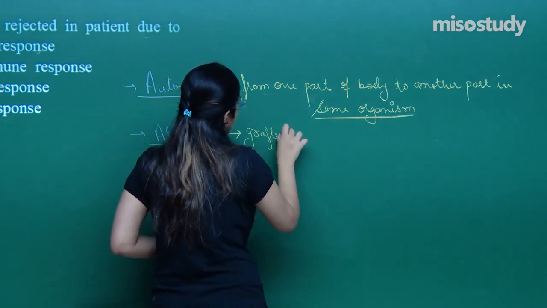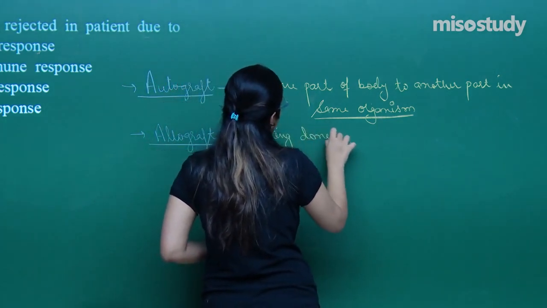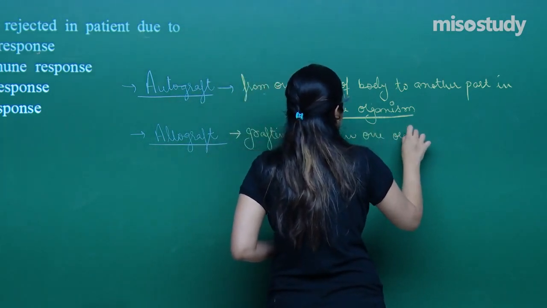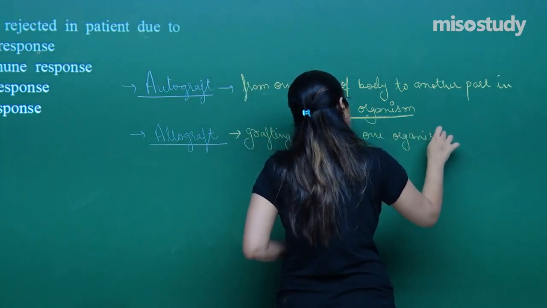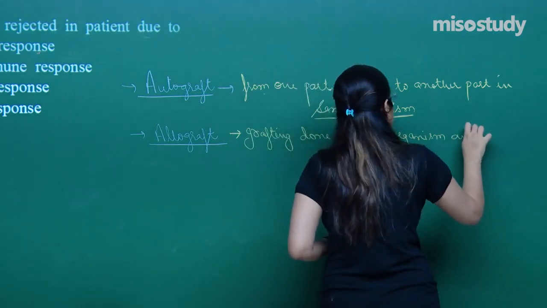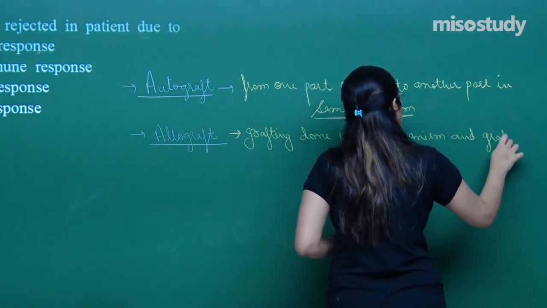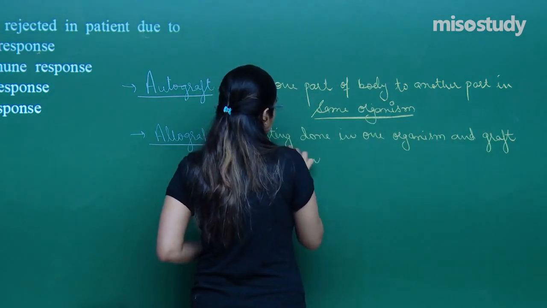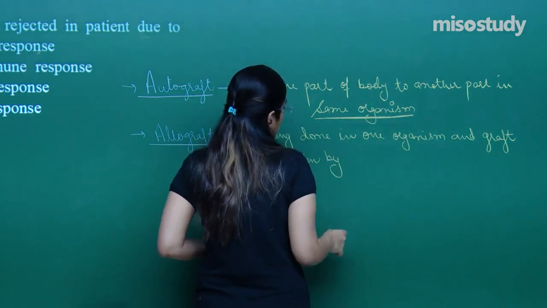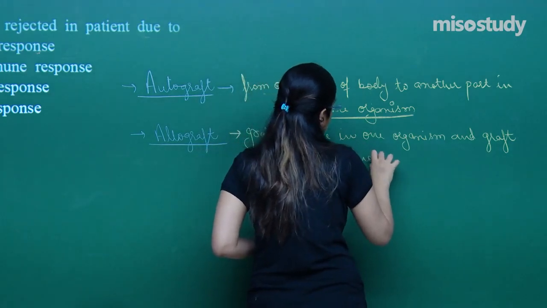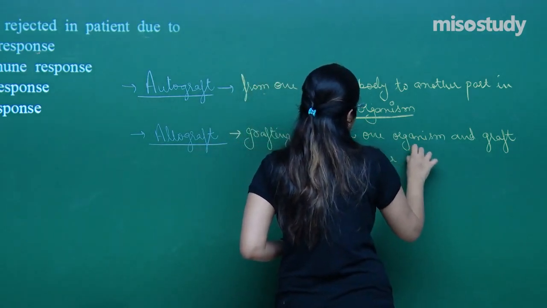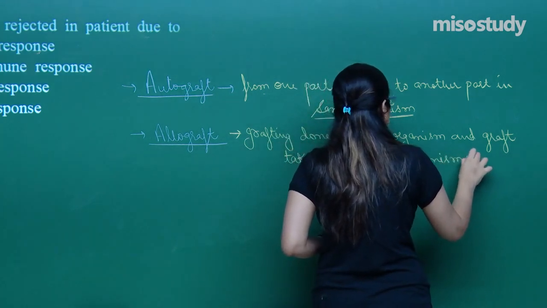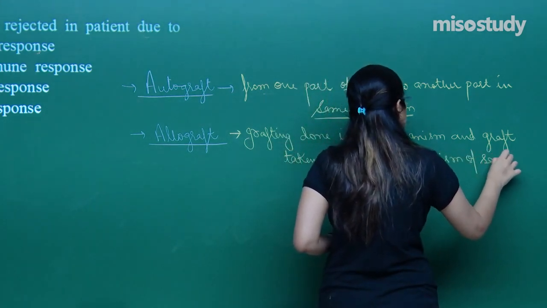Grafting is done in one organism and the graft is taken by another organism of the same species.